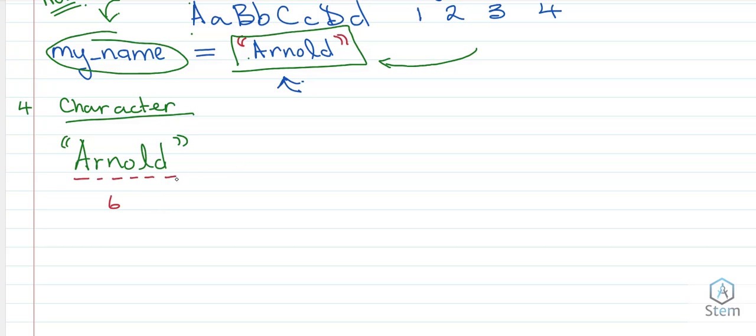Sometimes you might want to store just one character. For example, you might want to store, let's say, currency. You want to store the $ sign. That's a single character which you want to store. So you put it in quotations. It should be one character.